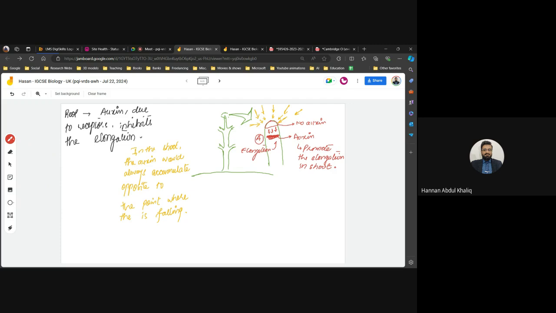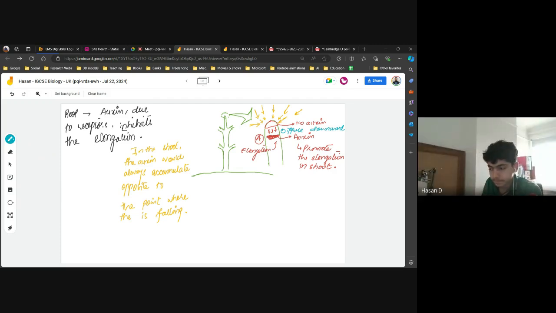So the cells would release the oxygen in such a way that oxygen would diffuse downward, opposite to the point of light reception. And since it would diffuse downward, the cells would elongate at a lower point, at the point lower than the point of light reception. Is it clear?